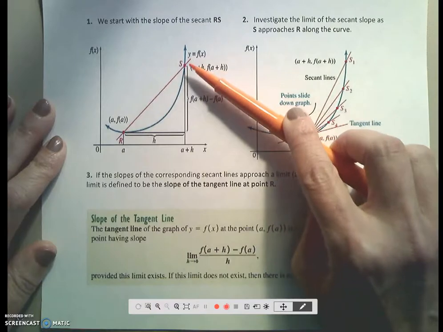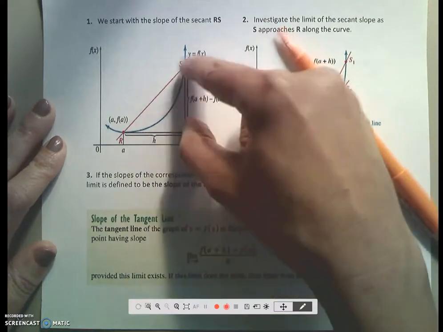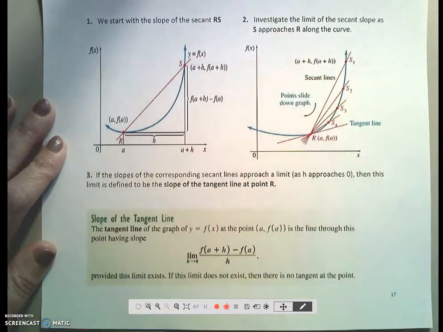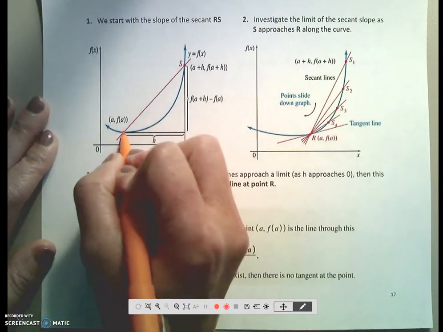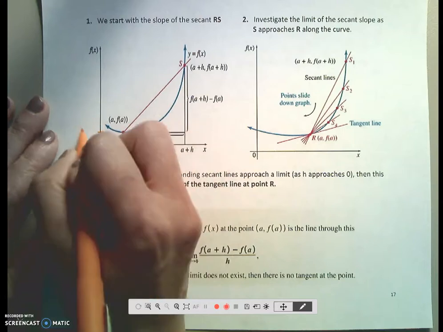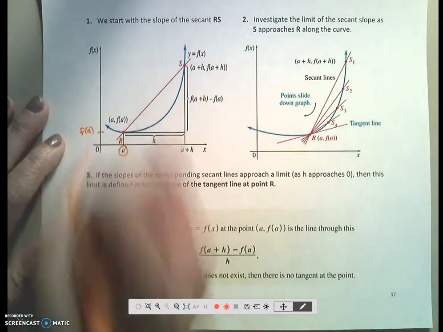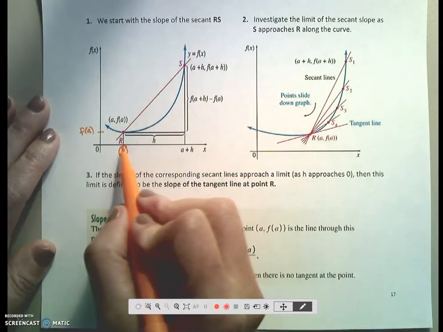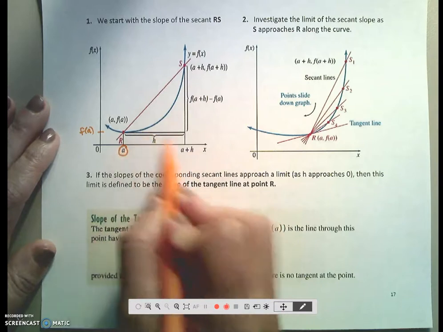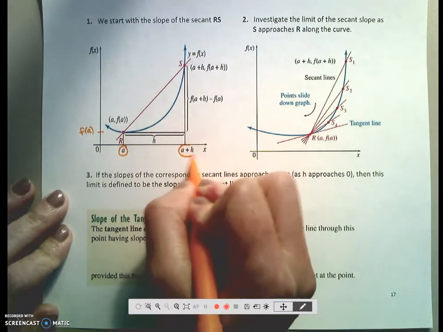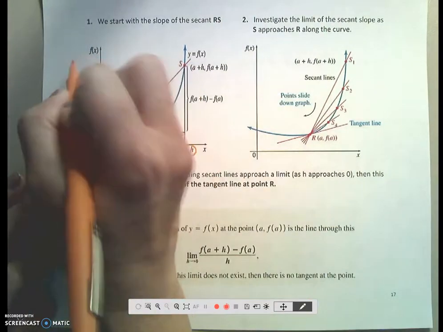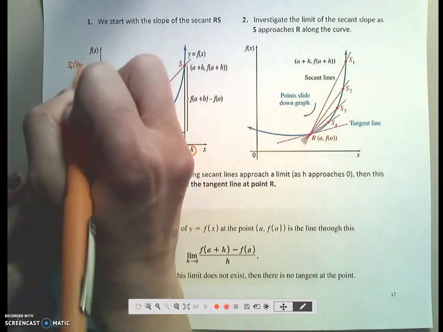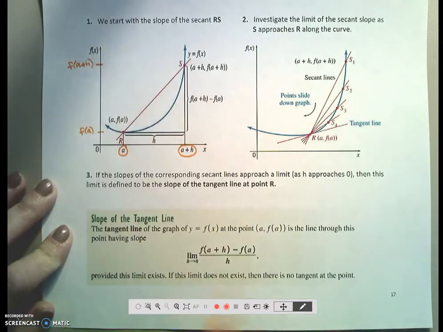The way you get the slope of the secant line is you do rise over run. We're starting here at A, and this is the y value, f of A. We're going to take a step of size h, and we're going to end up over here at A plus h, and that corresponding y value would be f of A plus h.